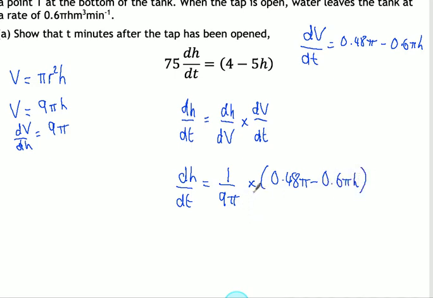Okay, and then when we get to this point, we can look at what we're trying to show. So that's 4 and that's 0.48 and that's 5 and that's 0.6. So actually, if I take a factor of 0.12 out, that's going to leave me with 4 and 5. There's no real fast method for this. This is just down to experience, I guess.